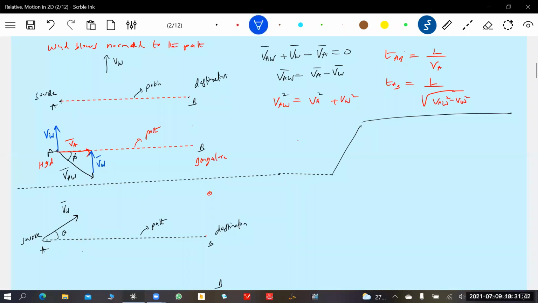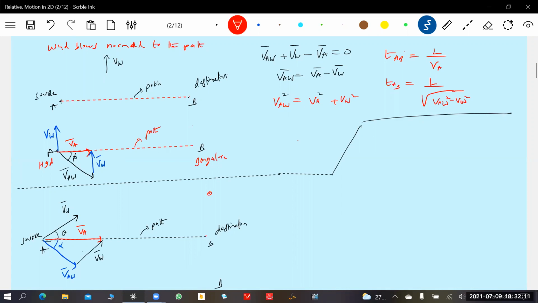So here VAW bar, the pilot should see that the velocity of the aircraft with respect to wind should be directed at a certain angle, let me say alpha. Then the effect of wind will be there. Then the resultant velocity of aircraft with respect to ground will be directed here.